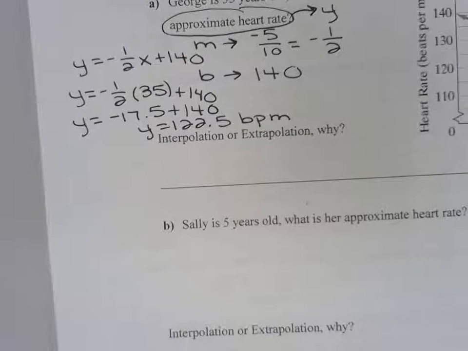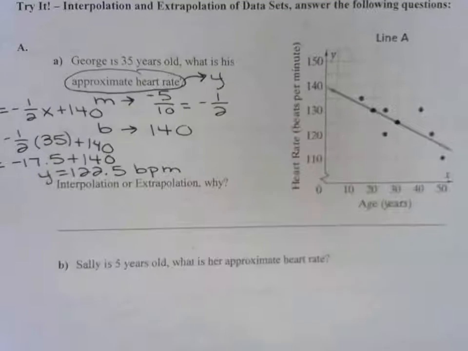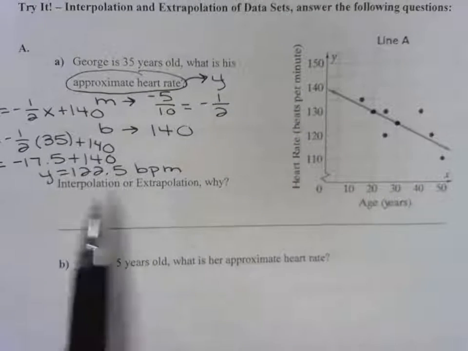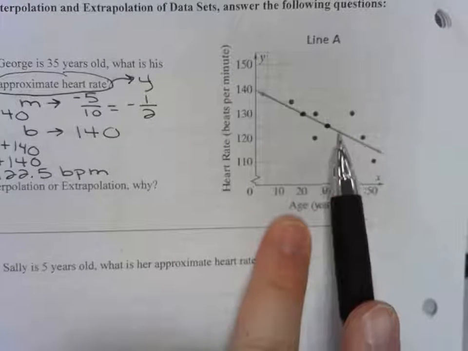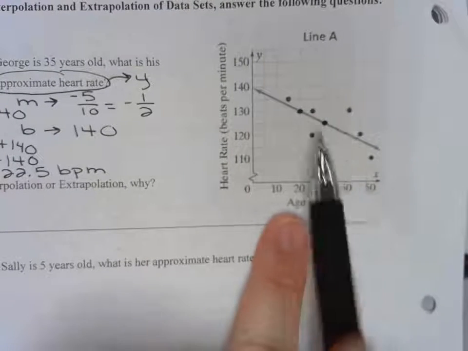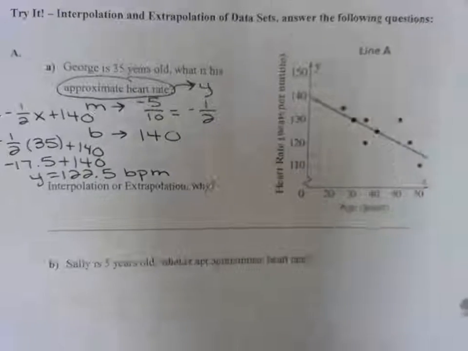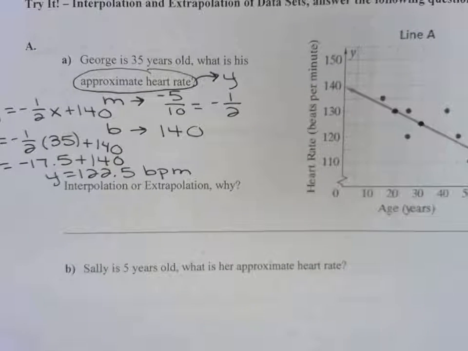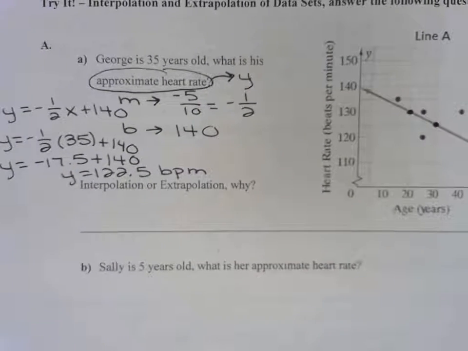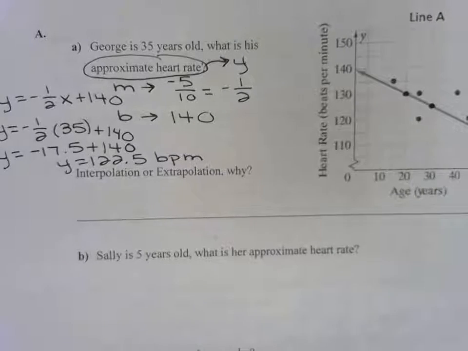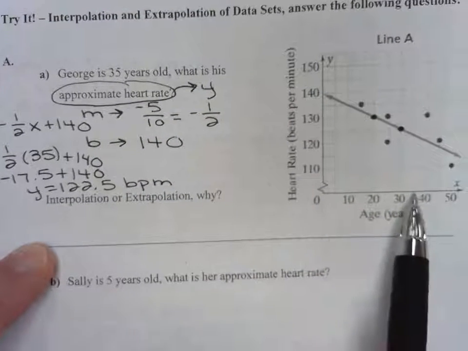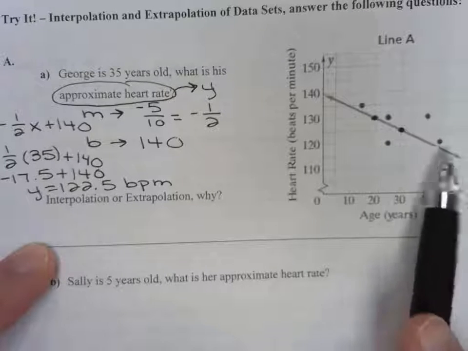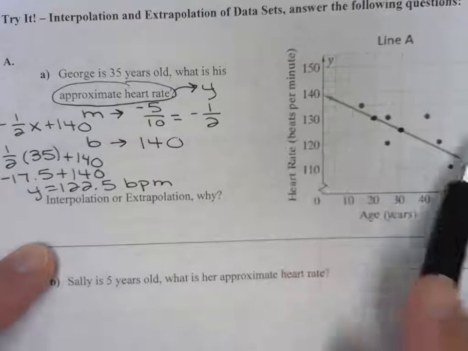And I want to know, does it make sense? Look at your data: 122.5 beats per minute if he is 35. If you go to 35, 122, yeah, it kind of makes sense. It looks like it's close to the line of best fit. And I want to know, is this an interpolation or an extrapolation? Well, look and see if it's in the data. 35, 122.5, does it look like it's in with this data?